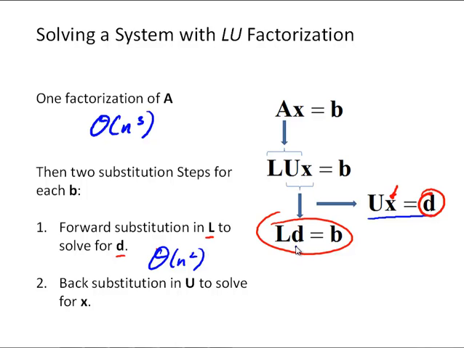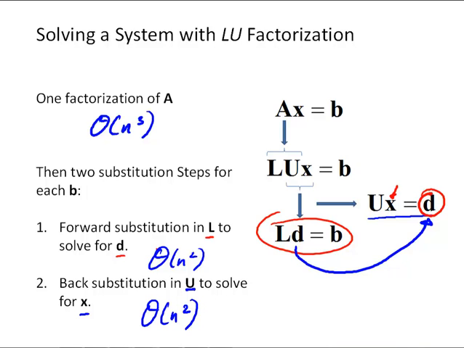Now that we have D, we can bring that over here and use back substitution in U to solve for X, and again it's order n squared. So the bottom line is we've done the factorization once, and then we can solve for as many right-hand side vectors, B vectors, as we want using substitution only.